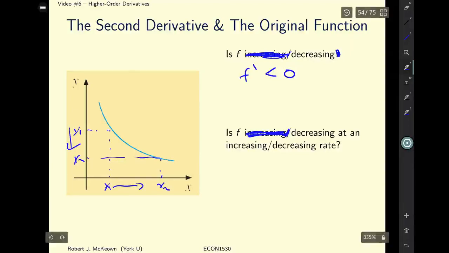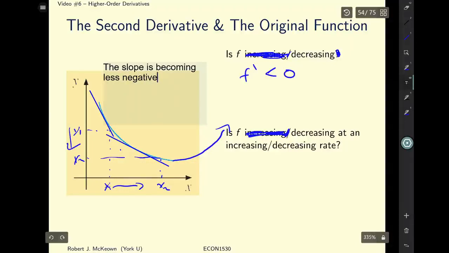Well, if I kept drawing this function along its trajectory, it would be getting larger. If I draw some tangency points over here, we can see that the slope is becoming, I guess, less negative, if that's a mathematical expression.